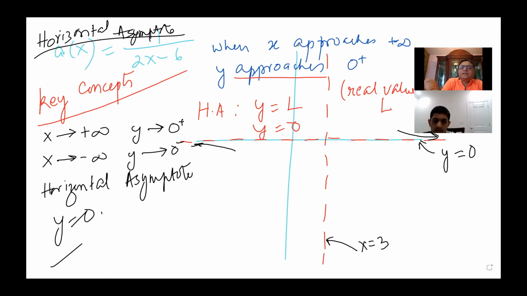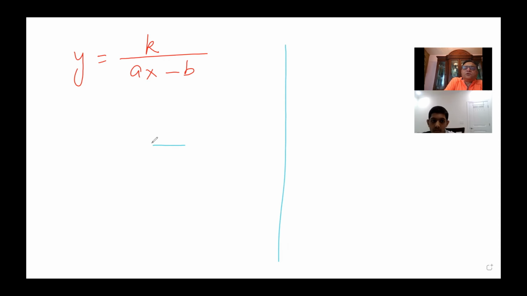Now let me generalize this. Clear. So I have actually taught you how to sketch a function y equals any constant over ax minus b. Do you understand this? Yeah. Any constant, it could be any value. In that case, now tell me, what is the vertical asymptote? We will assume all of them to be positive values.